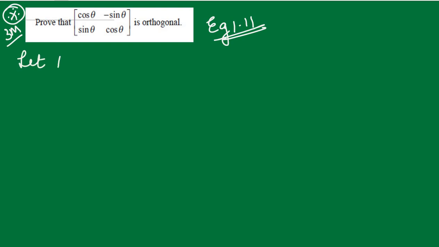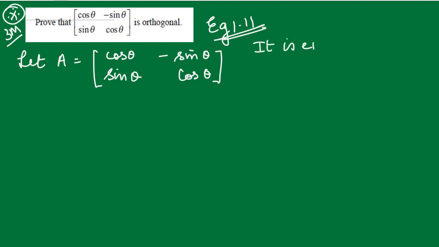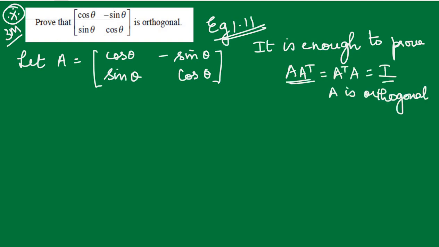So let us take the matrix A equal to this matrix. We know the condition for orthogonal: it is enough to prove that A transpose A is equal to I, then we know that the given matrix is orthogonal.